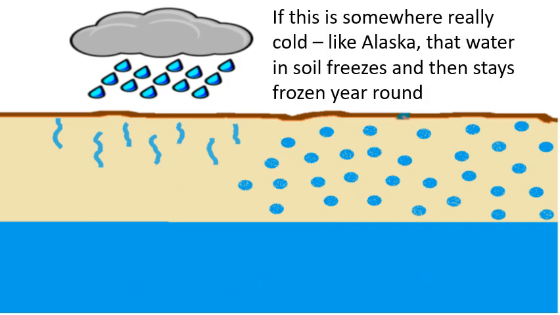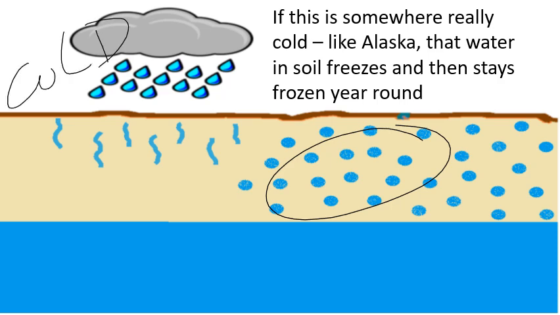Now, this only happens in places that get really cold, like Alaska. In Alaska, it stays so cold year-round that this water up here never really melts. It pretty much stays frozen year-round. Stays as ice. And that's because up here, it stays cold enough. Now, I know in the summertime it gets above freezing, but the sun has a hard time heating the soil.